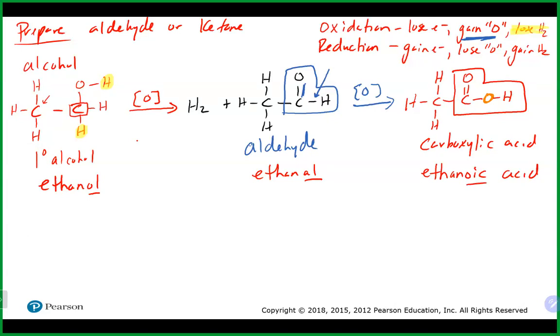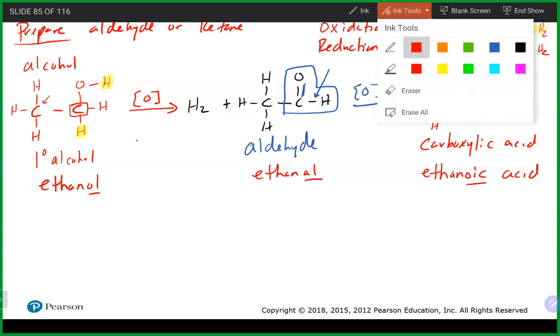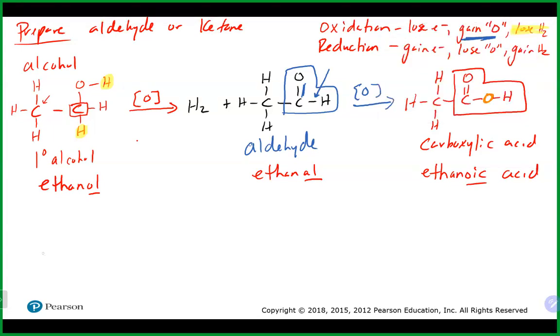Now, if you took a secondary alcohol, like we'll do this, I'll draw everything out. We'll do this and that. So once again, this is a secondary alcohol because the carbon that has the OH group is attached to two other carbons.